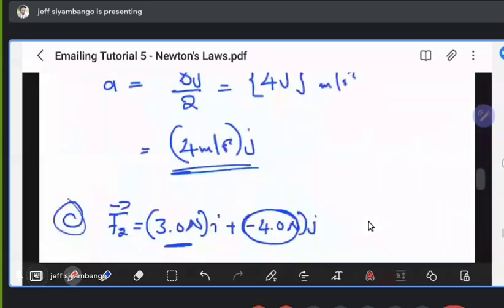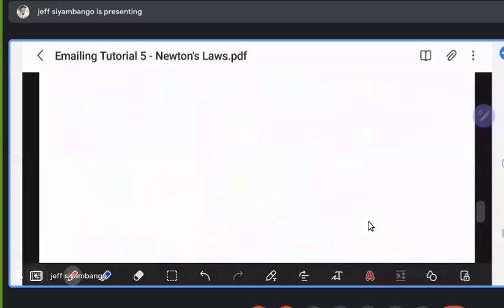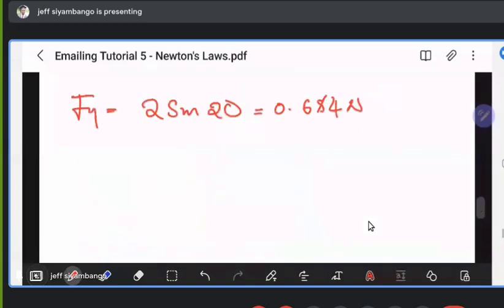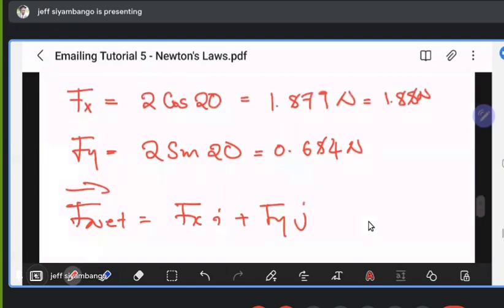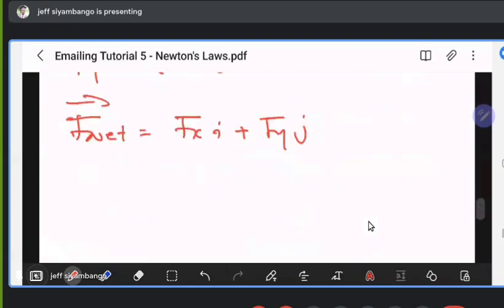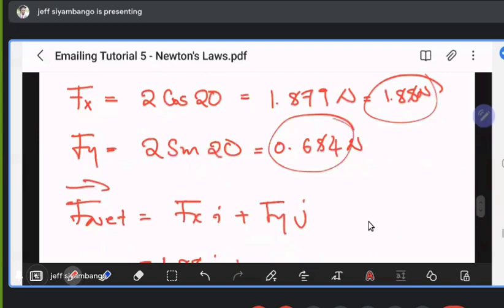Just like in the previous case, they are asking us to express the net force, F net, in the form Fx in the i plus Fy in the j. We already have what these are. Fx is 1.88, so 1.88 i plus Fy, which is 0.684.